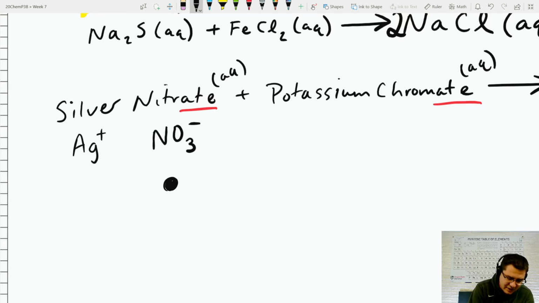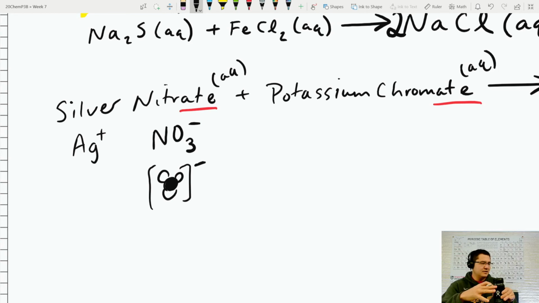Maybe this is the nitrogen atom in the middle, 3 oxygen atoms off of it, and together this whole thing has an additional electron in its orbitals, and that gives it a negative charge. So think of nitrate as just a collection of atoms. We think of it as one thing, and it has one additional electron that gives it a negative charge. That's what the minus sign up top means.